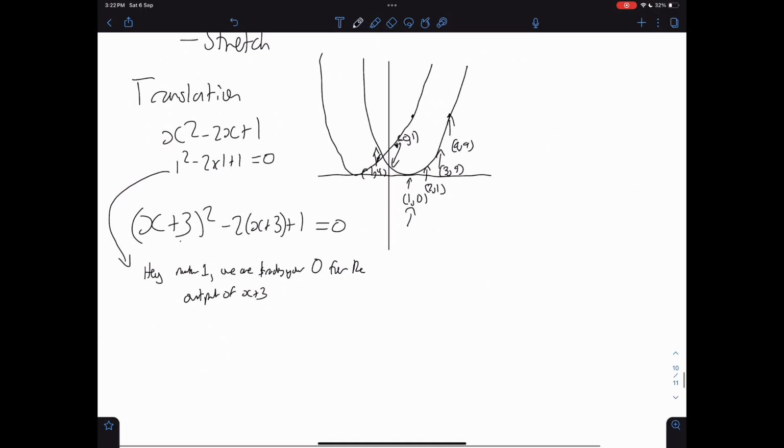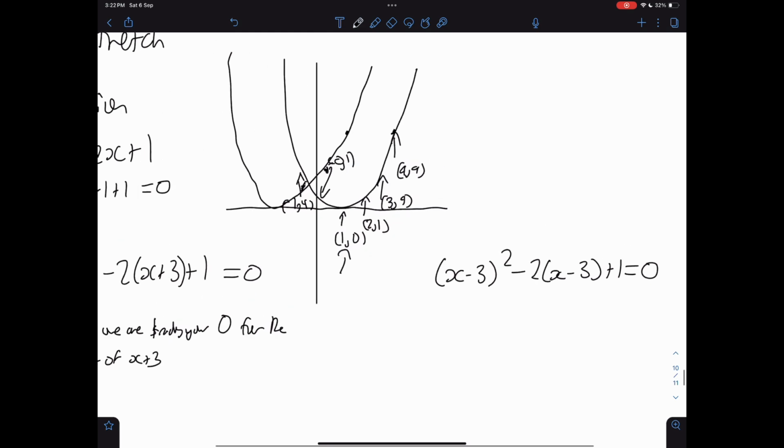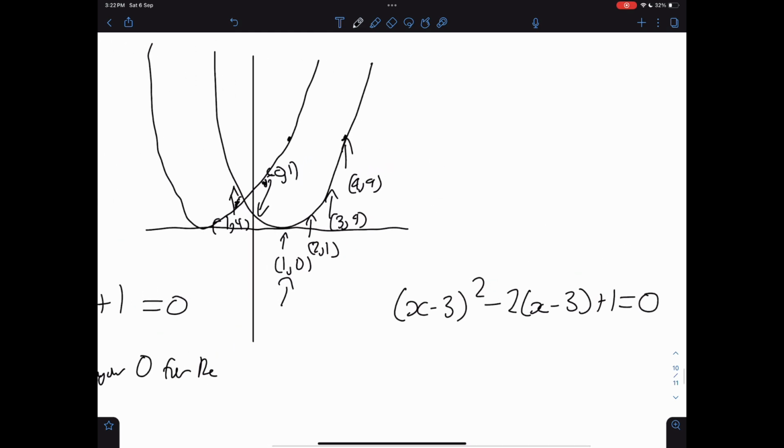Now what if we did x minus 3? So i.e. we've translated it 3 units to the left. But what if we did minus instead? Well, it'll be the opposite. So we would say to 1, oh, hey, 1, we're going to give you minus 2's old number.